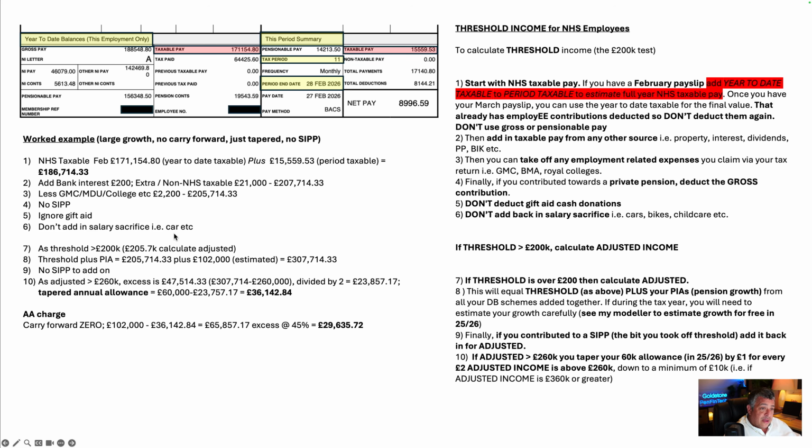We then go to step 2, and in this case this person's got £200 bank interest, and they've got £21,000 of other income, and then adding all of that together plus the taxable income up here, we get to £207,000 and £714. We then can take off our MDU, GMC in college, and that comes to 205,714.